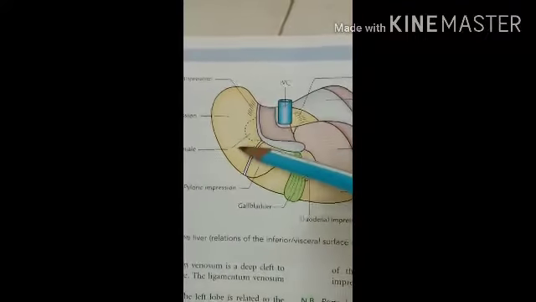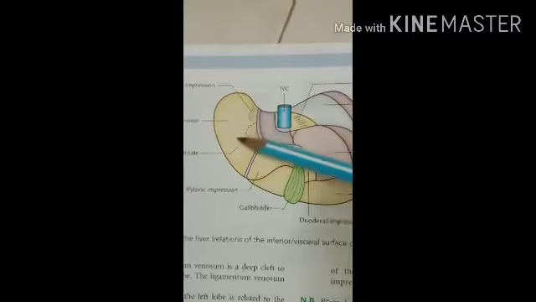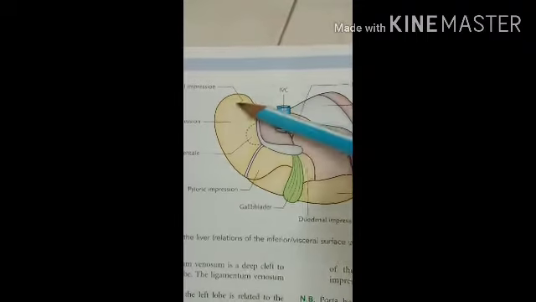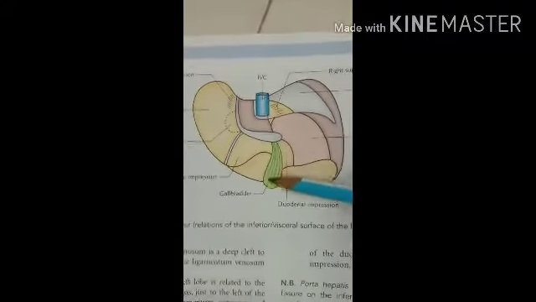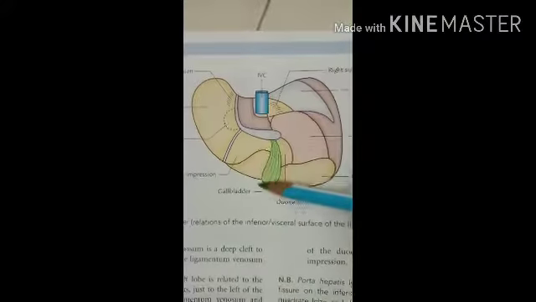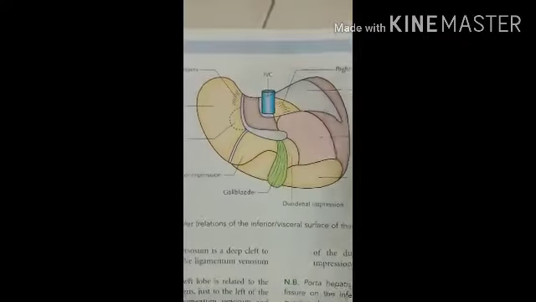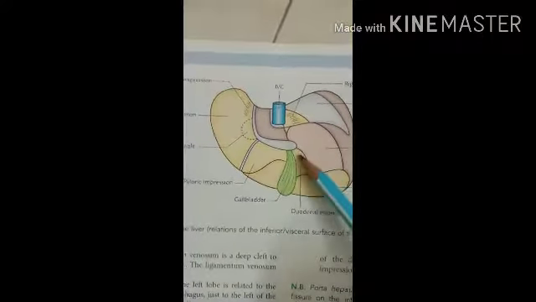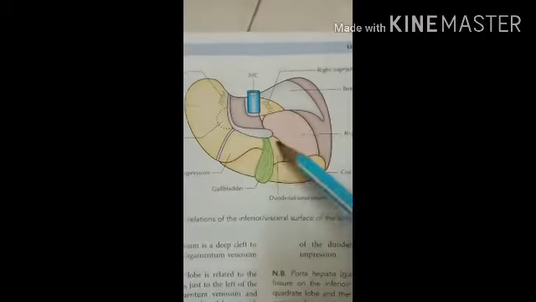Then just lateral to it, the deep cavity is present, this one, that is the gastric impression for the stomach. After then on the inferior side there is the fossa, it is for the gallbladder, this one. Then just lateral to it, the small impression is present, that is the duodenal impression.